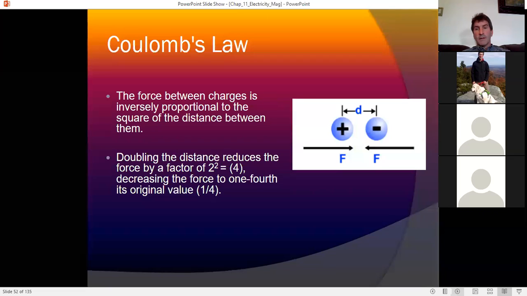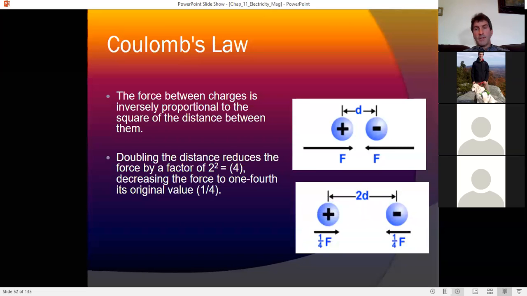If I take that same force and those two charges, and now I double the distance, it's an inverse square law, okay? Which means that the force goes by 1 over the distance squared. If I double that, the denominator is squared, I'm now down to 1/4 the amount of force.